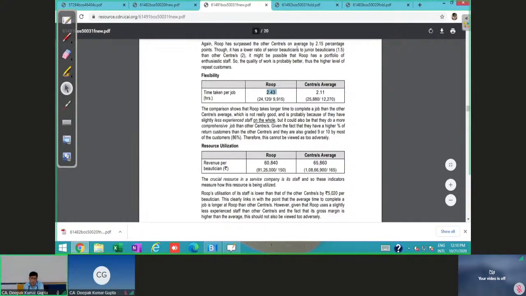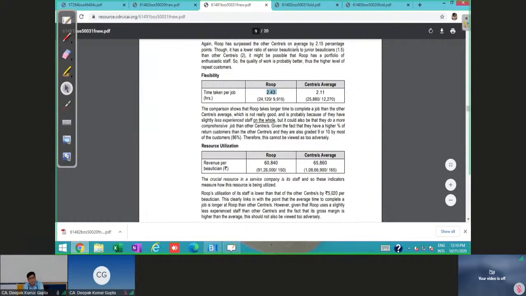And the last factor is resource utilization. Resource utilization concerns the resources in a service center. Our key resource is our staff.